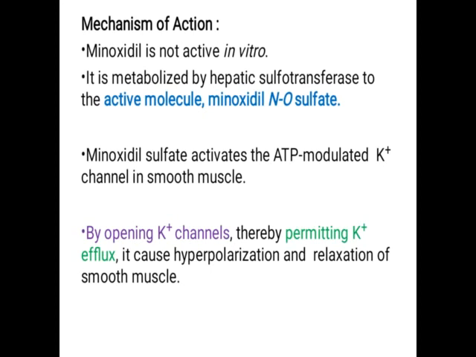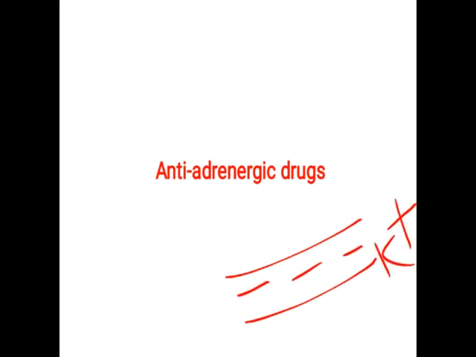So it is a potassium channel agonist. Okay, now in case of potassium channel, potassium remains inside the cell, so it is the intracellular ion, and outside there is the presence of positive charge species.